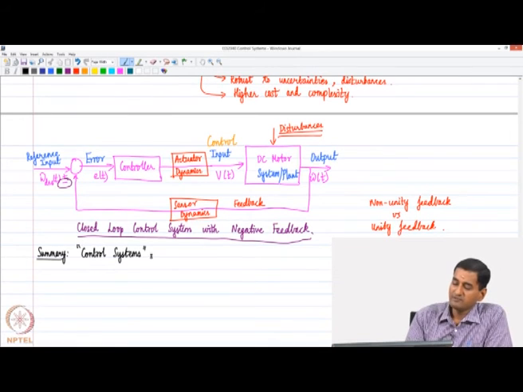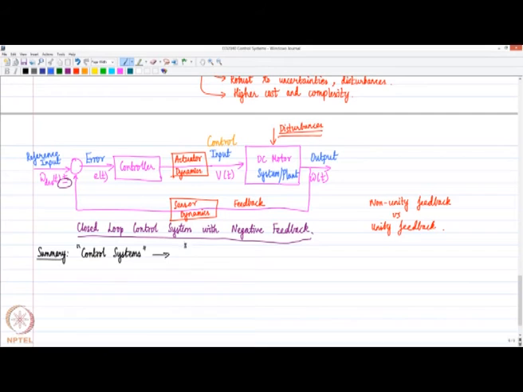What we are going to learn is closed loop feedback control of SISO LTI causal dynamic systems.